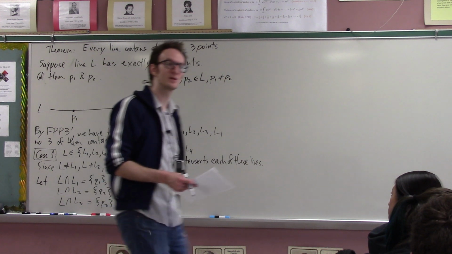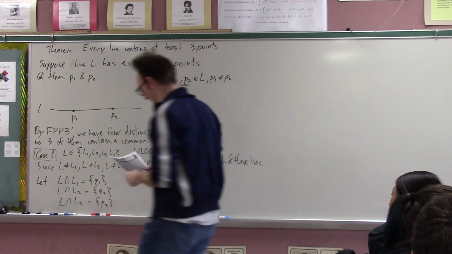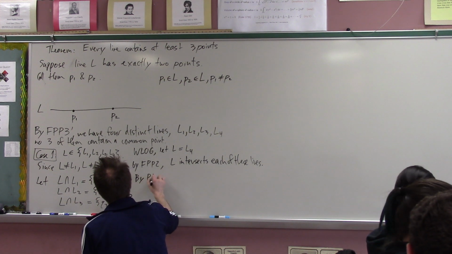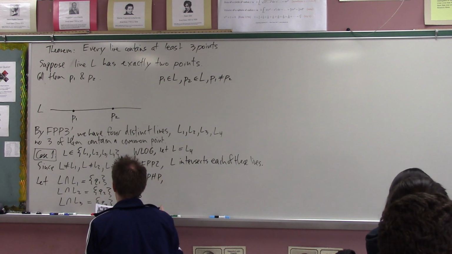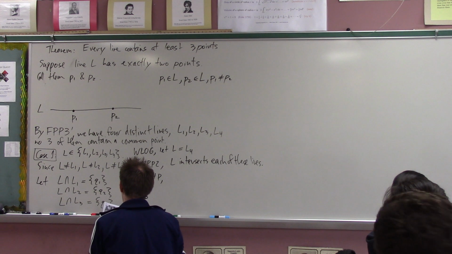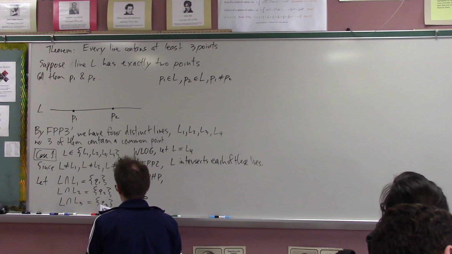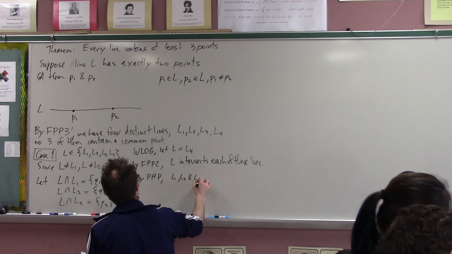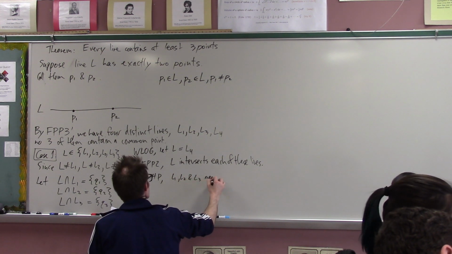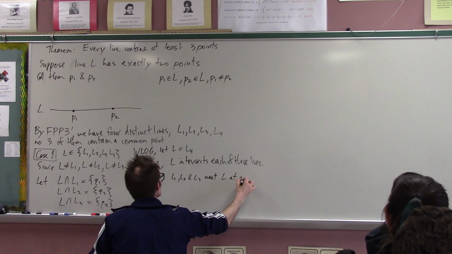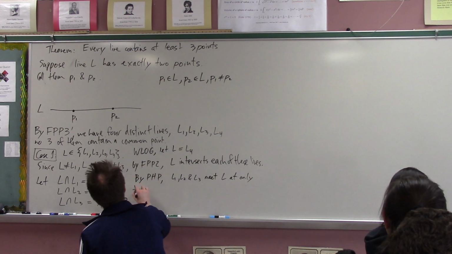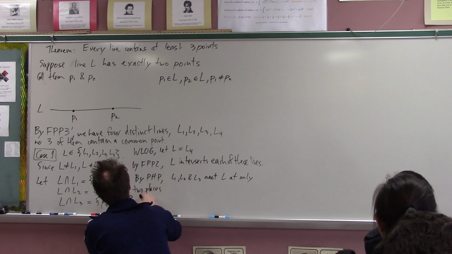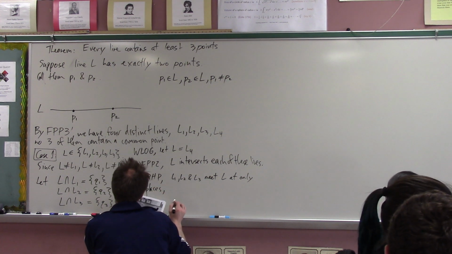Okay, so in fact what I want to do is now invoke the pigeonhole principle. By the pigeonhole principle, L1, L2, and L3 meet L at only 2 places, those 2 places being P1 and P2. But there are 3 points of intersection.